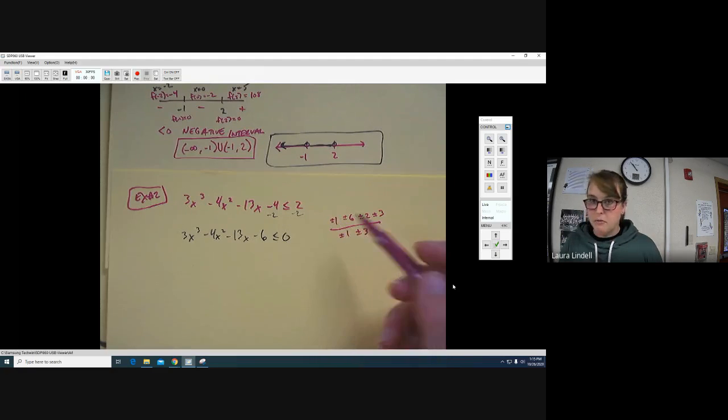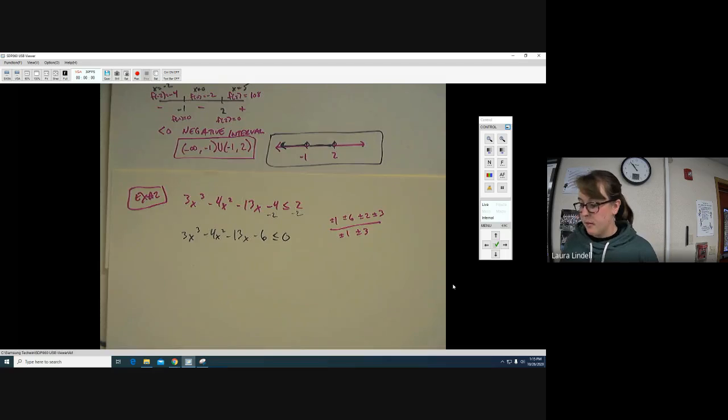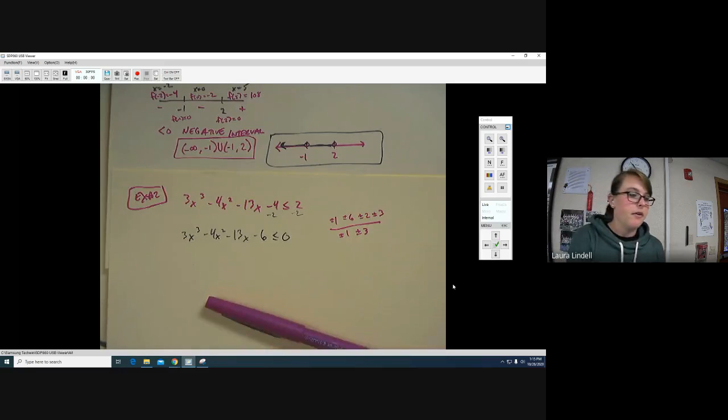We would have to check plus or minus 1, 2, 3, and 6. And then we also have to check plus or minus 2/3 and stuff like that. So we get up there in the things that we might have to check until we find a 0. So that's why it's probably easier to just graph it.